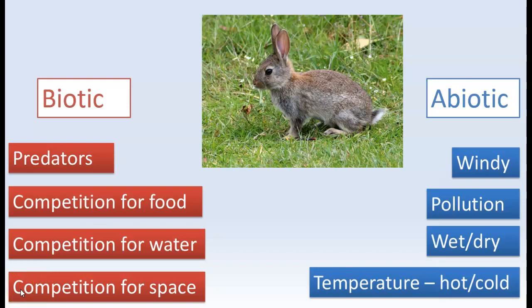Are you competing for water, competing for space? Have you got somewhere to live? And again, you've got the abiotic factors. Is it windy? Is there pollution? Is it wet? Is it dry? Is it hot? Is it cold? And so we can split all of these factors within the environment into living factors, biotic, and non-living factors, abiotic.